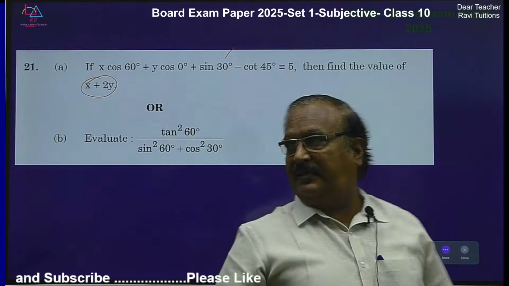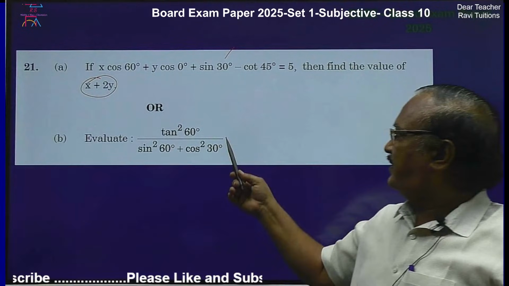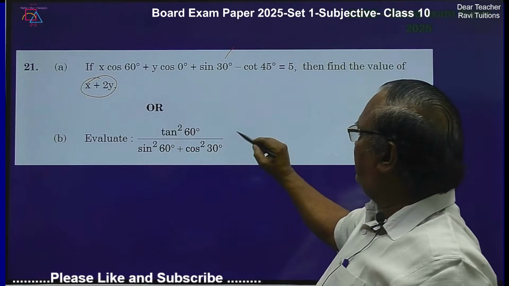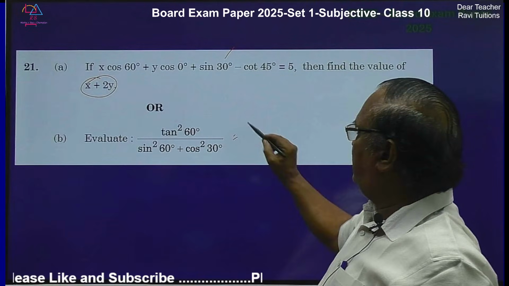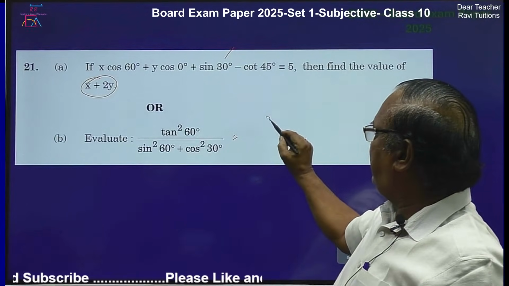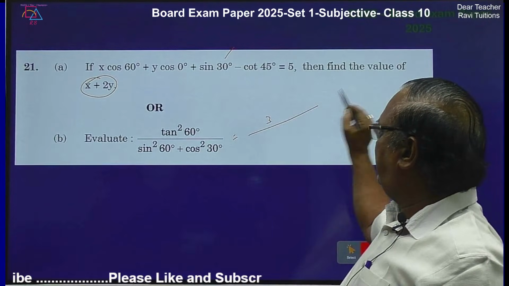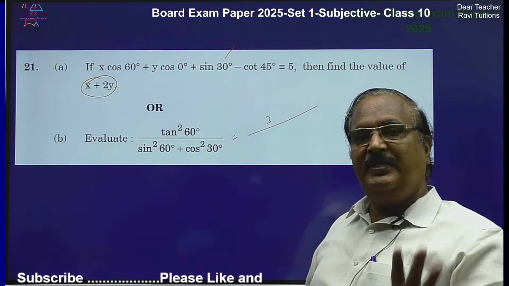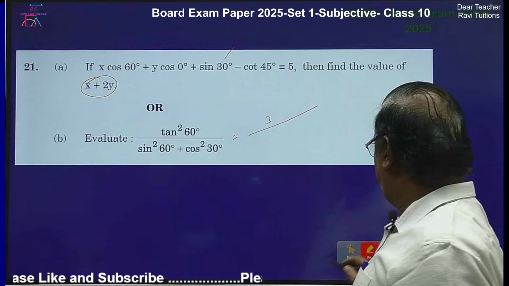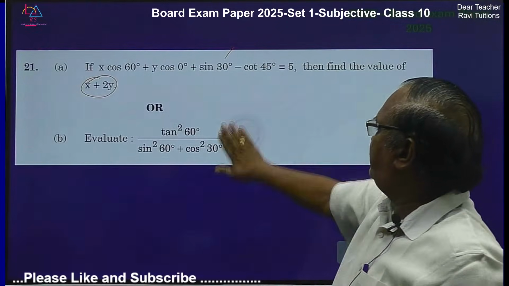Evaluate tan square 60 plus sin square 60 plus cos square 30. So substitute the values. Tan 60 is root 3, root 3 whole square is 3. I am directly writing only to show you. In the examination, don't write it directly. I will show you the steps also.